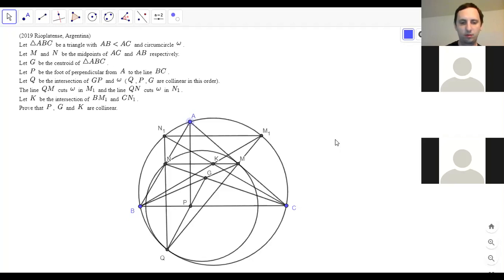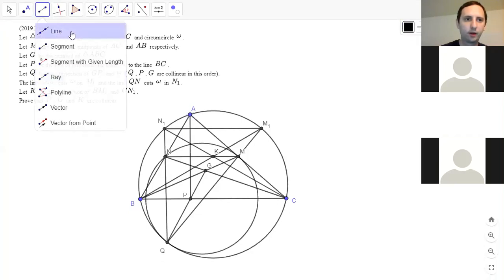We just need to show that if PG intersect NM at K prime, then K prime B is equal to K prime C, which is not too hard if we extend AG to meet the midpoint of BC. Okay, so AG by Ceva's meets BC at the midpoint of BC, right?